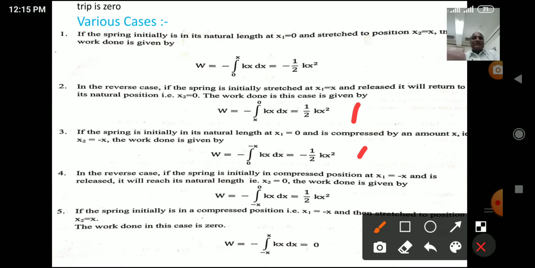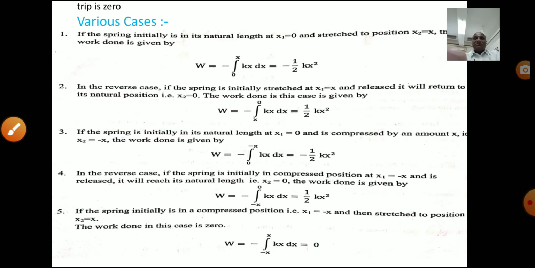Now the last case is if the spring is initially in the compressed position, meaning x1 equal to minus x, and it is stretched to position x2 which is equal to x. So the work done, in the same manner, W is equal to minus the integral with limits minus x to plus x of kx dx, which is equal to 0.